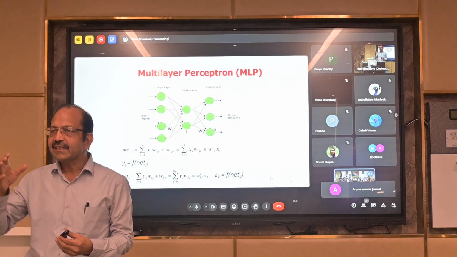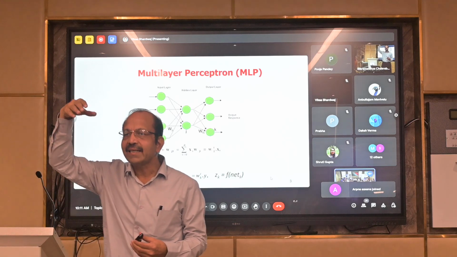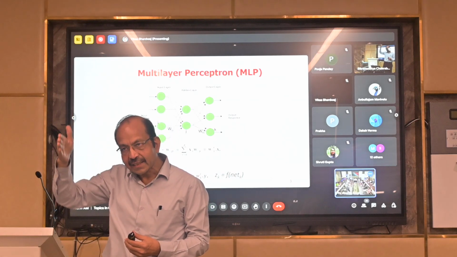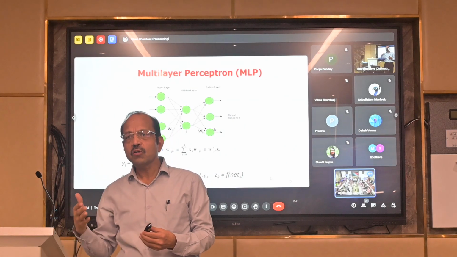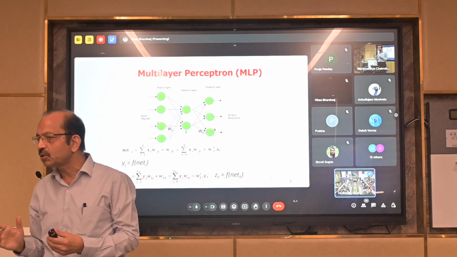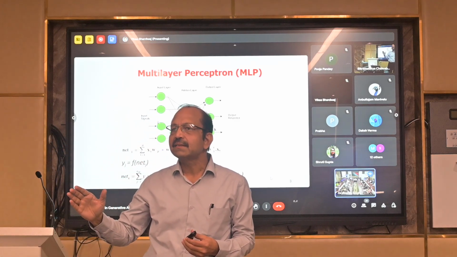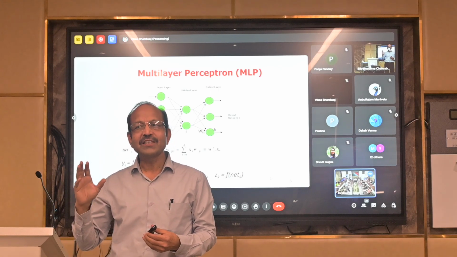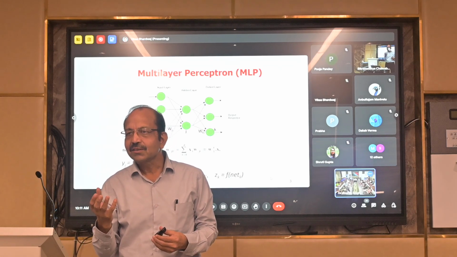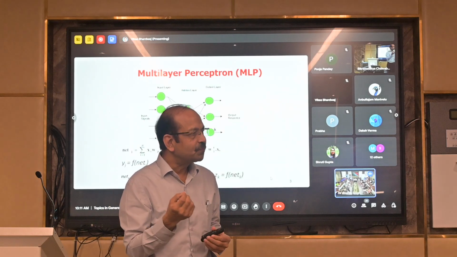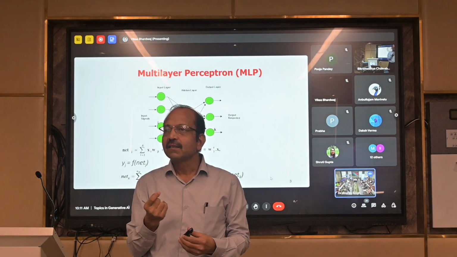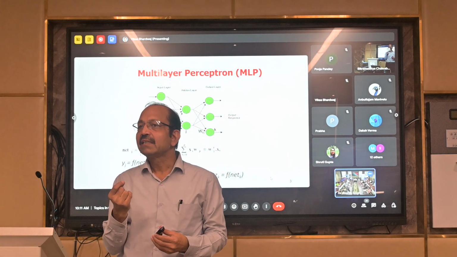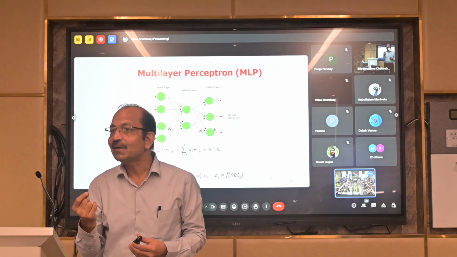You can compute the net error at the output layer, and the whole objective is that I should be able to minimize this error, minimize this loss. And what is the best way of computing this? In mathematics, all of you may have learned one quantity which we call the gradient of a scalar function.